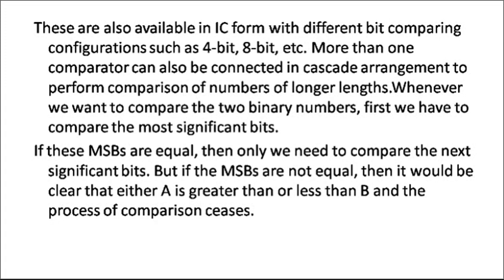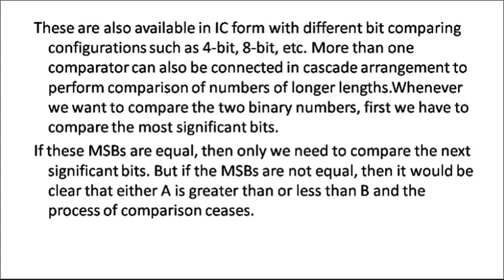These are also available in ICs in different bit configurations such as 4-bit and 8-bit comparators. More than one comparator can also be connected in a cascade arrangement to compare numbers of longer length.